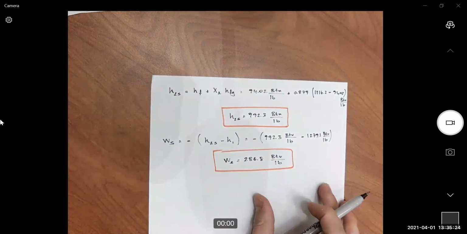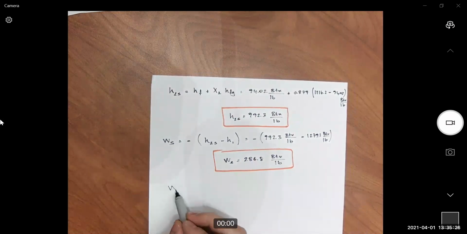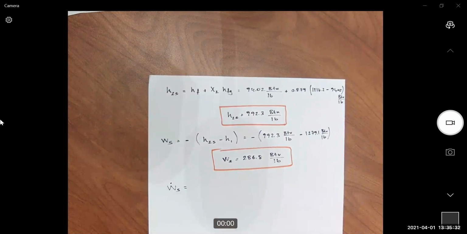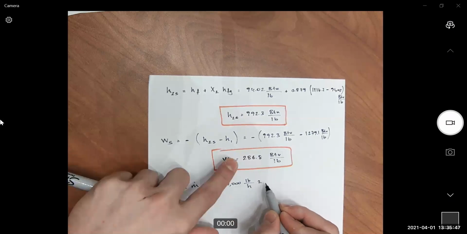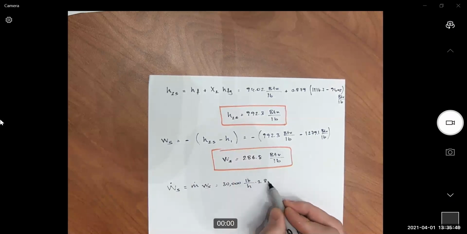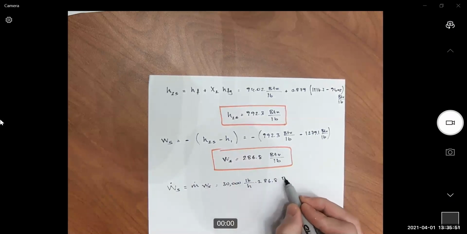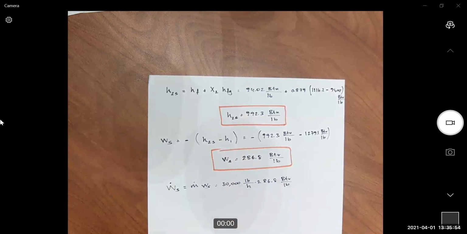The specific work production and total work, net work, power, mass flow rate times work ideal equals 30,000 pounds per hour times 286.8 BTU per pound.